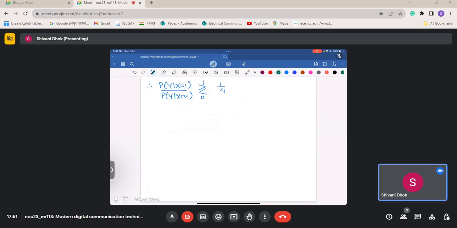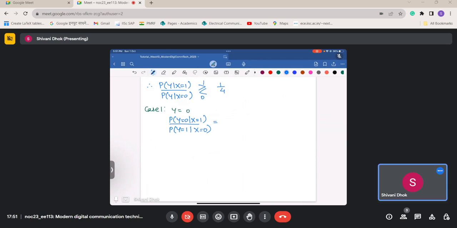Now let's see the cases. Case 1, y equals 0. Therefore, the probability of y equals 0 given x equals 1 upon the probability of y equals 0 given x equals 0.